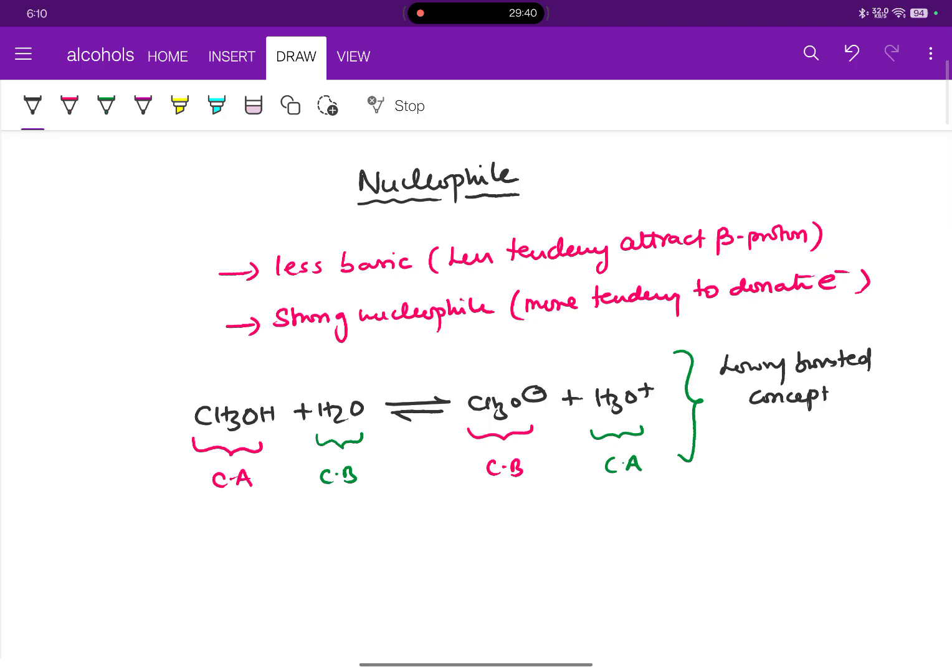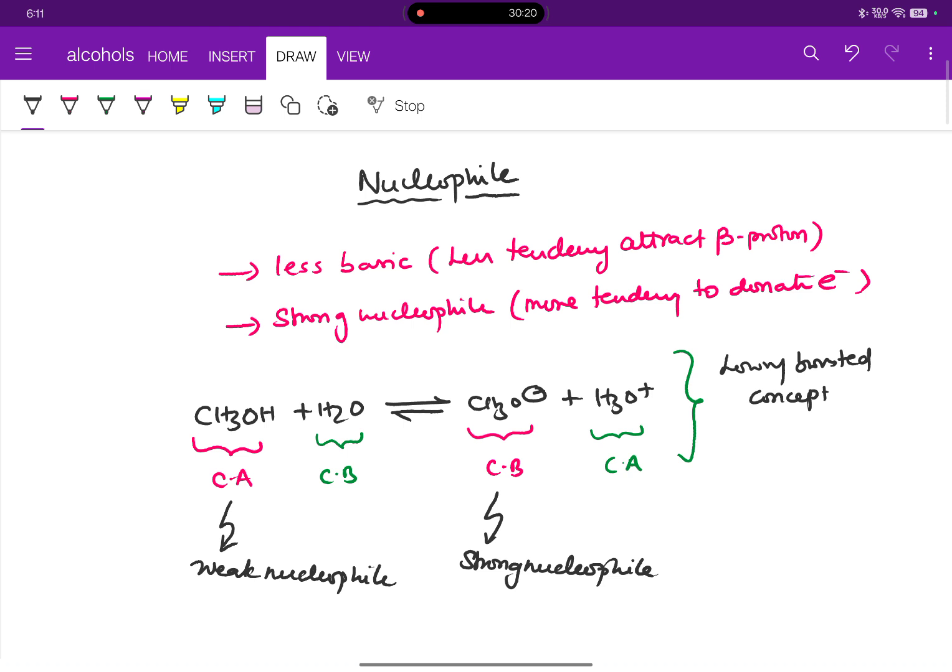Between these two, who will be a better nucleophile? We said a nucleophile should be less basic, but here the base is the better, strong nucleophile. This is a strong nucleophile. The conjugate acid is a weak nucleophile. Though I said alcohol can act as a nucleophile, I'm not denying that.